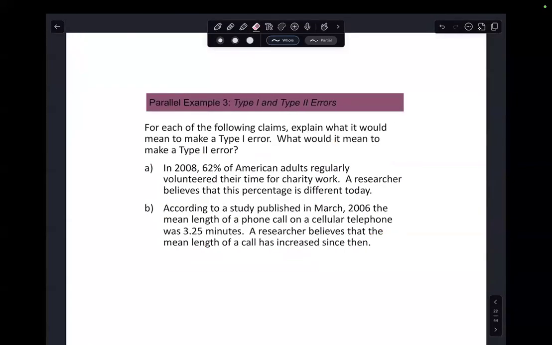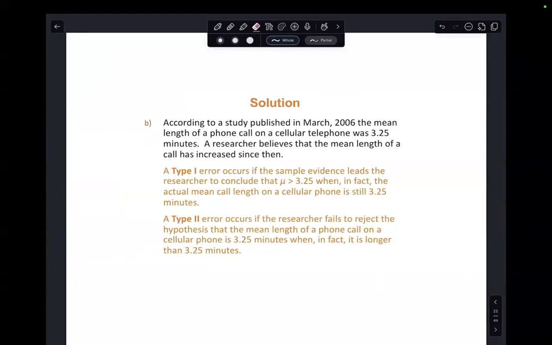Okay, let's look at the cell phone calls. Now we're looking for the greater than. This is that believe it has increased. Type 1 error occurs if our sample evidence leads the researcher to conclude that the mean is greater than 3.25, but the average is actually 3.25 minutes. That's a type 1 error.